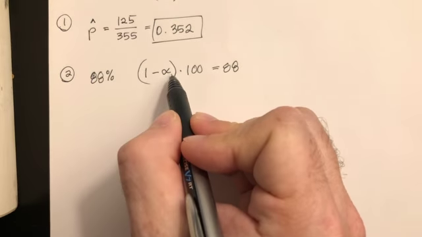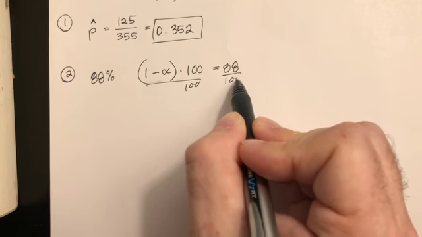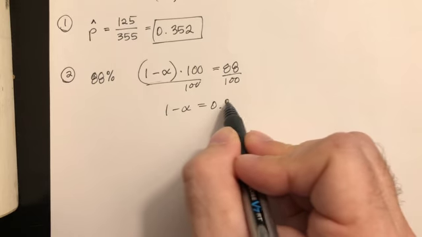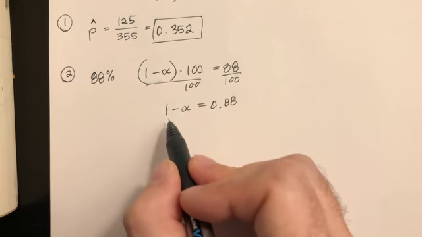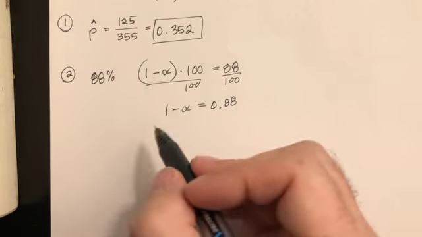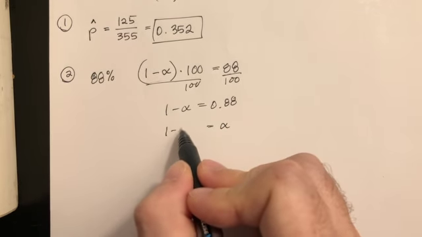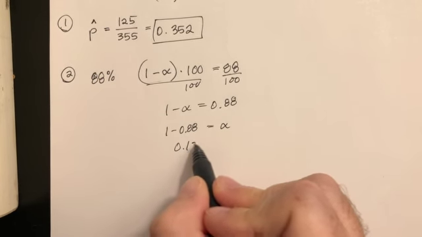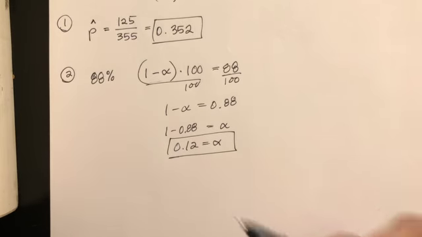So we just have to figure out what this number is. Well, we could divide by 100, and we get 1 minus alpha is 0.88. Then we could subtract this from 1, however you want to do it. 1 minus 0.88 is 0.12. And that's the alpha that they want.